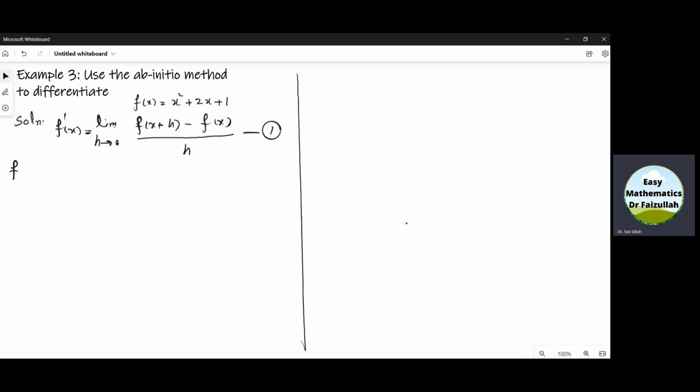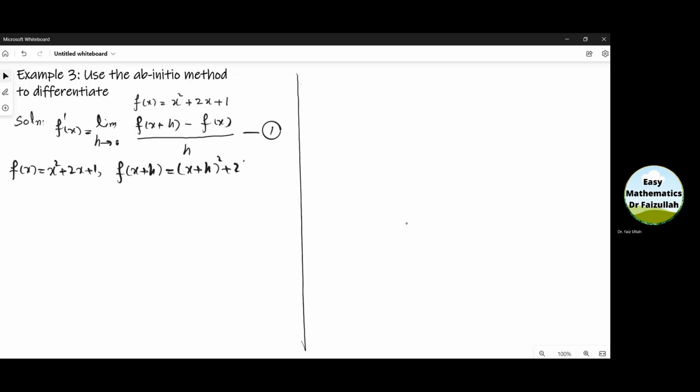Now in this question we are given that f of x is equal to x square plus 2x plus 1. From this we can get the value of f of x plus h, which is equal to x plus h whole square plus 2 into x plus h plus 1.